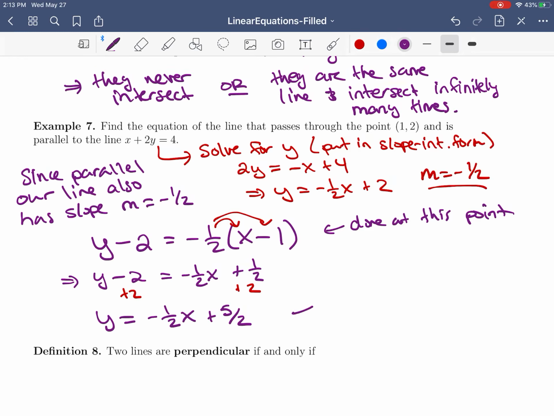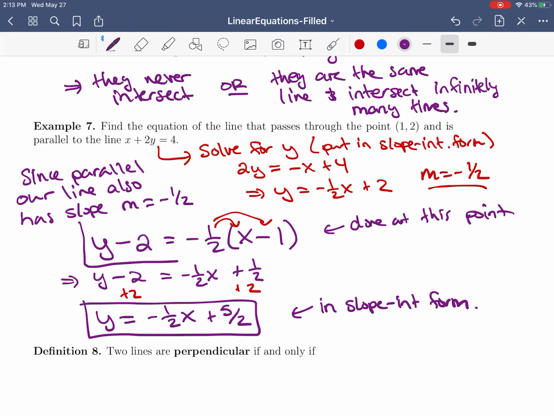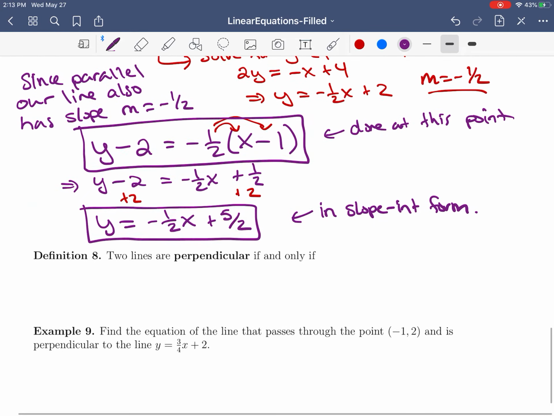Now this would be the answer in slope-intercept form. So if it asks for that, we'd want to give it like this. But this answer is actually okay. This is why I like the point slope form, because you get the equation immediately. So you're kind of done.